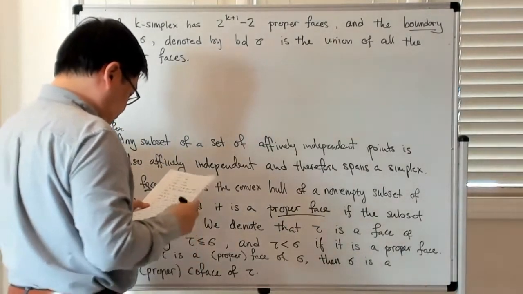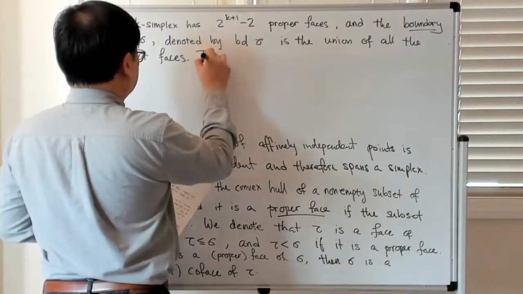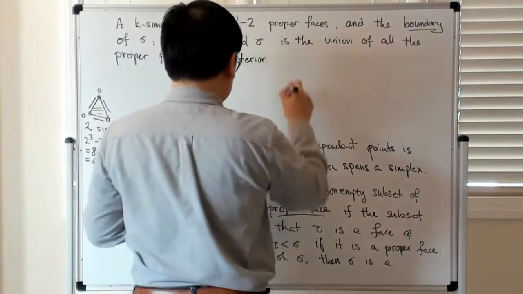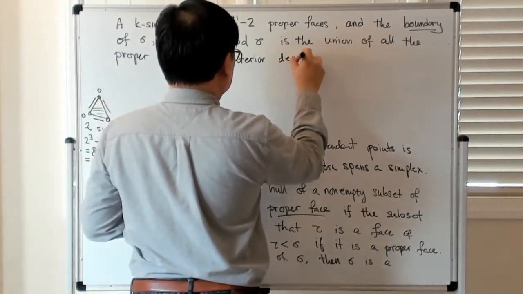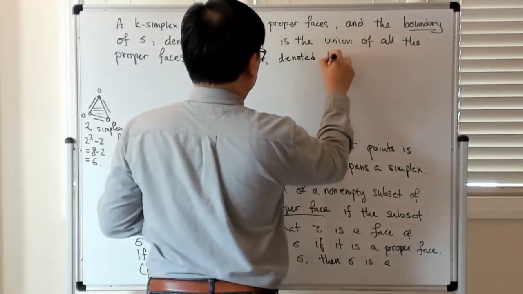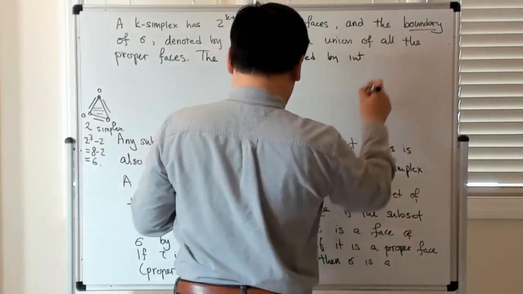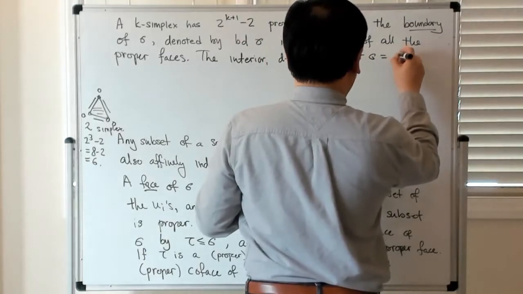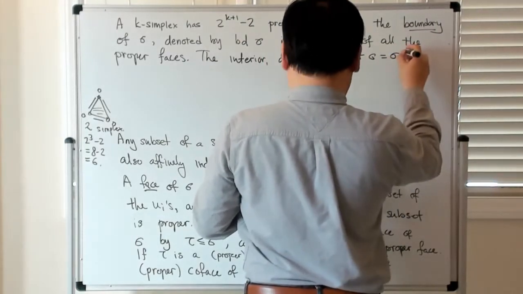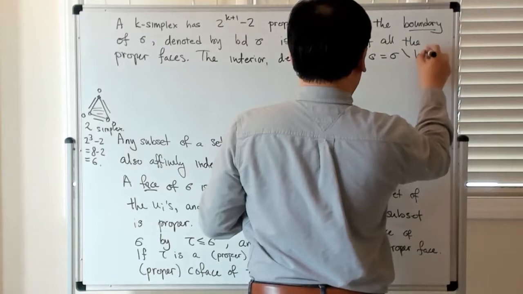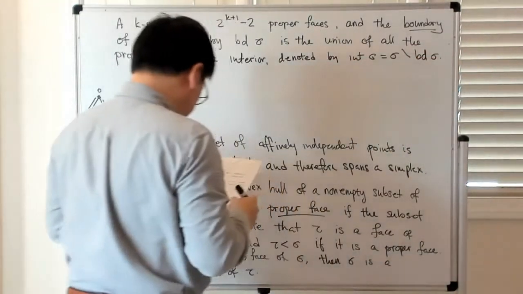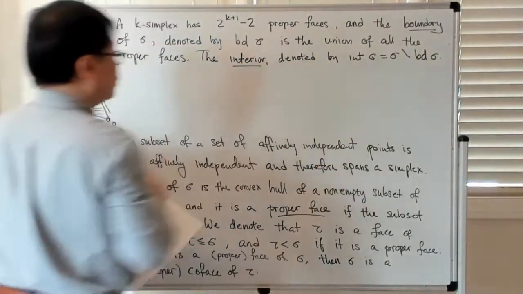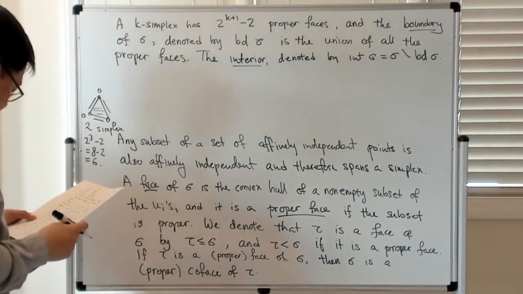The interior, denoted by int sigma, is really just the simplex excluding the boundary of the simplex. So you have this notion of boundary and interior now.